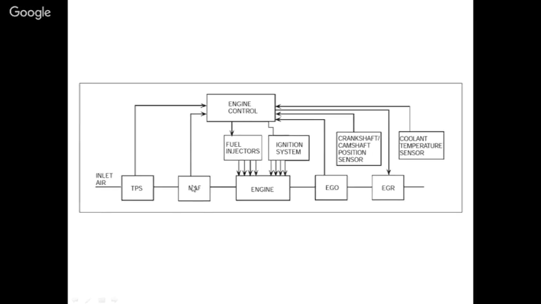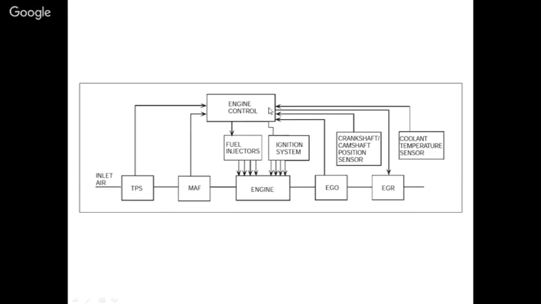Then we have a manifold air flow rate sensor, which also gives information to the ECU. Then we have an exhaust gas oxygen sensor that gives feedback to the ECU. Then we have crankshaft and camshaft position sensors, which tell the ECU the position of the piston.